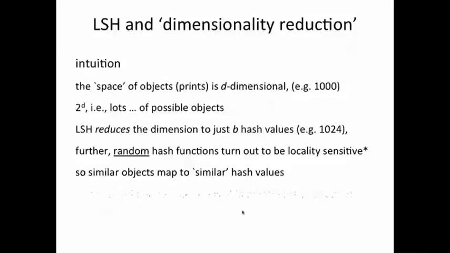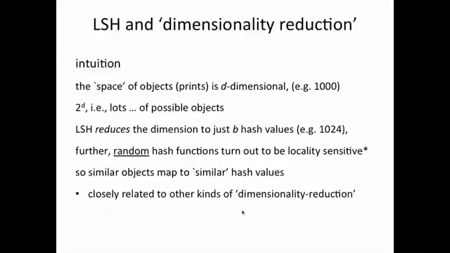It also turns out that LSH techniques are closely related to other kinds of dimensionality reduction methods, such as for discovering topics in large document collections, objects in videos and images, and many other.